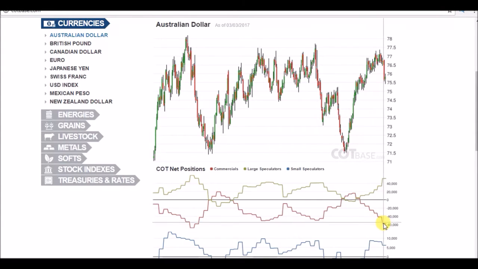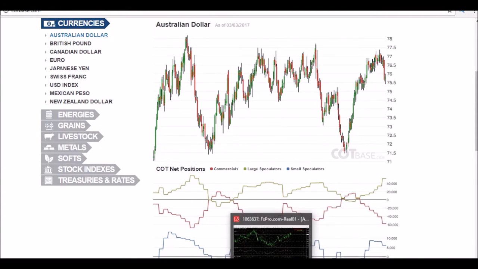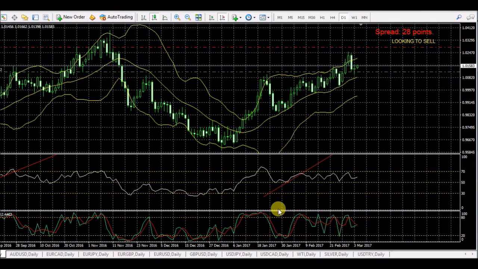So here we are, we've got, wow, nearly 60 positions to the minus 60 on the commercials. So they really are looking for a short on the Australian dollar. Okay, that's the commitment of traders report. So we will go back to our chart. So here we are on the CAD, and we're looking for a short.